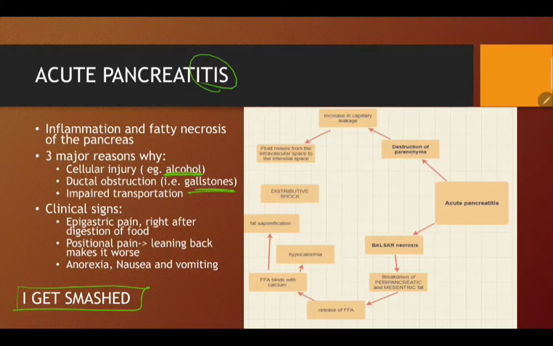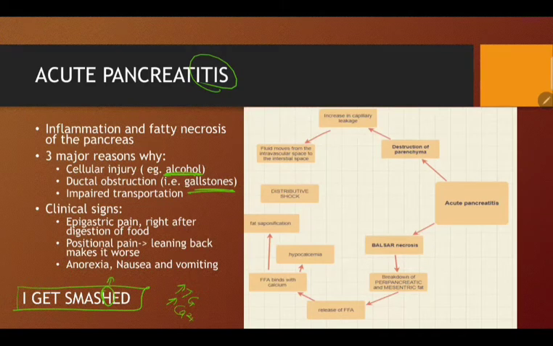I means idiopathic cause. G for gallstones, E for ethanol, meaning alcohol, T for trauma, S for steroids, M for mumps, A for autoimmune pancreatitis, S for scorpion sting, H for hypertriglyceridemia or hypercalcemia, H for high.